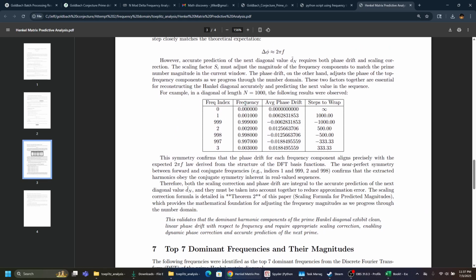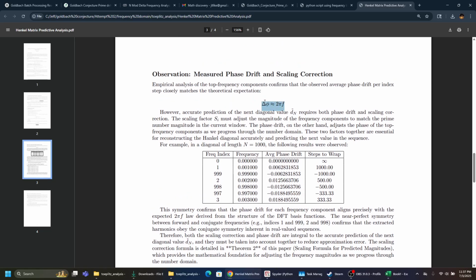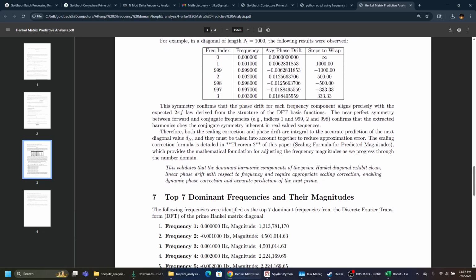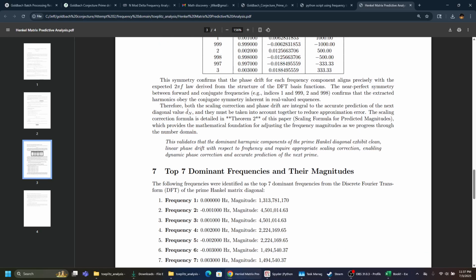I identified all the phase shifts, and you have to apply this formula to shift the phase depending on where you are in the number system. And all that's laid out here. So the dominant harmonic components are clean and linear, but you have to deal with phase shifting.